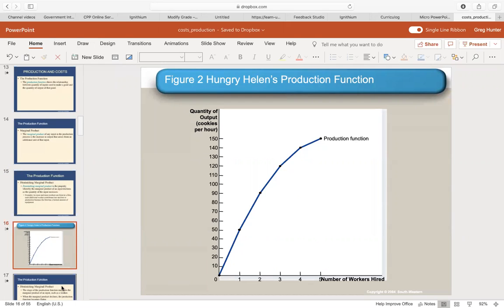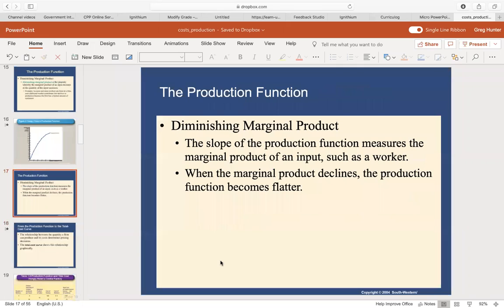And you might ask the question, and it's a good one, why is it that economists believe that most production functions exhibit diminishing marginal product? And the reason is that if you think about Hungry Helen's cookie factory case, she had a fixed factory and then added additional workers. So we're measuring the production function in terms of the number of units of a variable input, meaning the number of workers we can vary, while we're holding another input, which is the factory itself, fixed.